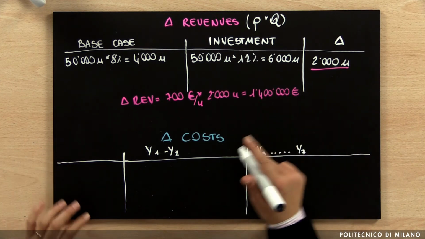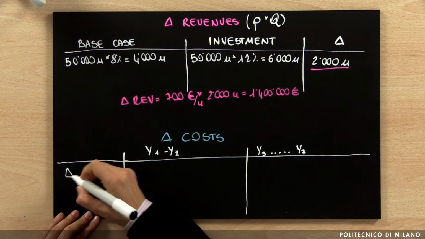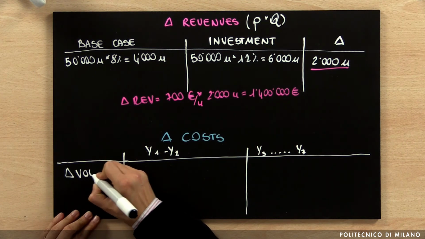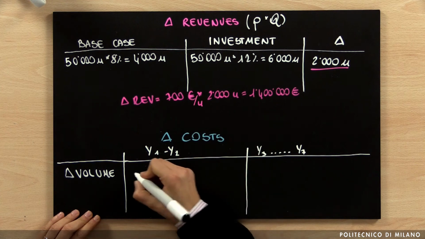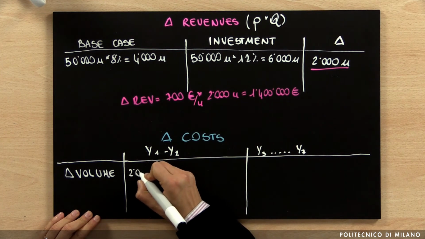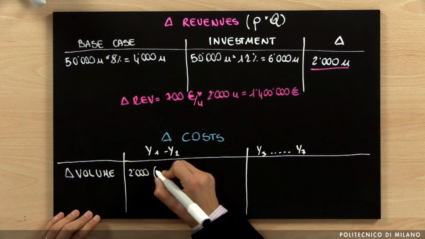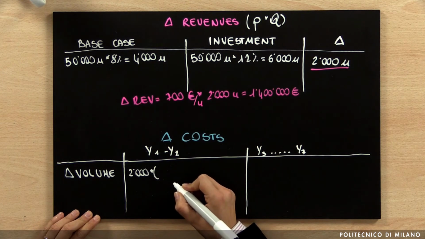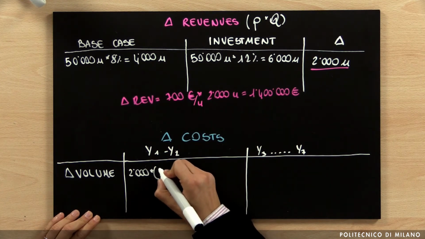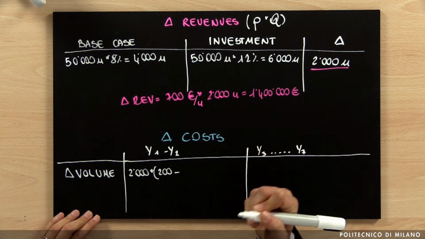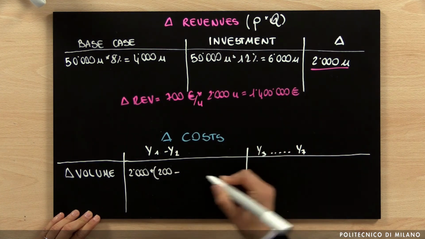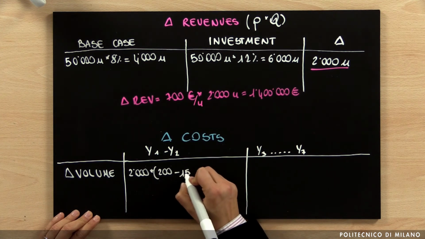So the first difference that we have is represented by the costs related to the additional volume. The company needs to realize an additional 2,000 units that should be multiplied by the unitary cost, where this unitary cost is 200 euros per unit, minus the savings related to the product redesign, which is 15 euros.